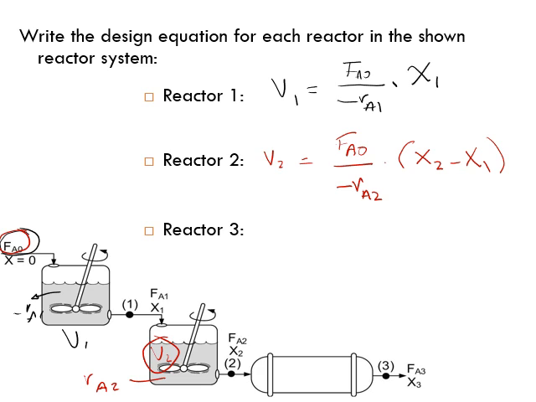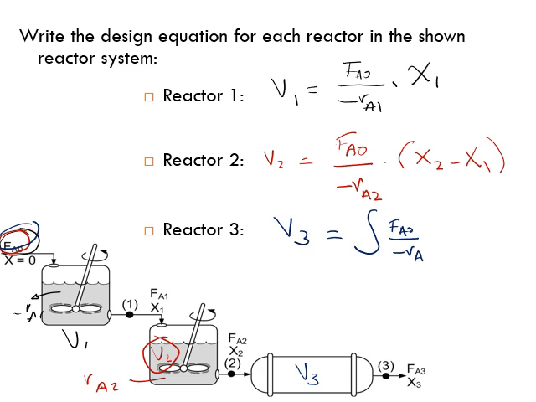And finally, we're going to write the design equation for the third reactor. This is the third reactor, so we are interested in V3. So V3 here, we have an integral form of the design equation, correct? It's not the algebraic form. So the integration of, again, FA naught, because all our calculation conversion is based on the feed to the first reactor, divided by minus RA.